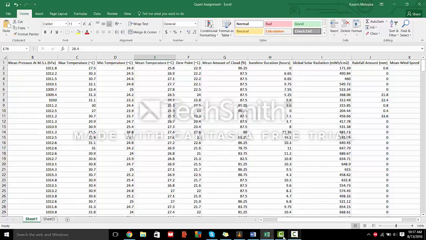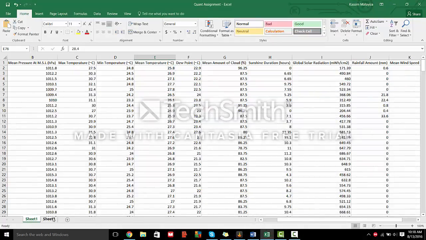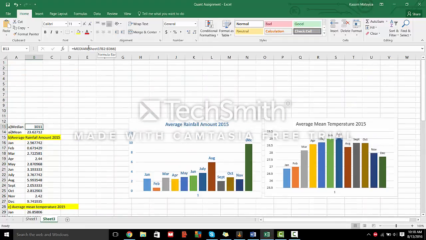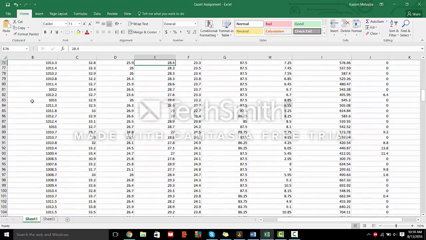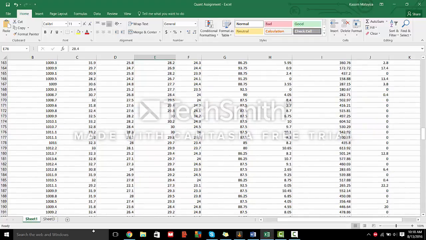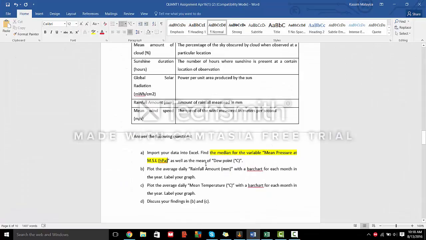To find the median, you just click equals median. Then you drag from the second one all the way to the last one with Control Shift down, and you'll get your answer of 1011.